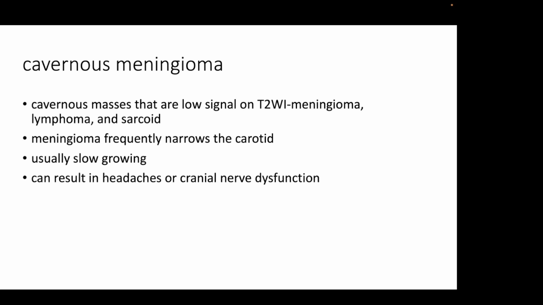You have to be a little careful because, as I talked about in that talk some time ago about patients with small carotid arteries, sometimes people mistake the small carotid for being related to the tumor when it's really due to variations of anatomy, like a hypoplastic A1 segment. So again, you need to look at the whole picture, but narrowing of the carotid favors meningioma. These are usually slow growing, and then they can present with headaches or cranial nerve dysfunction.